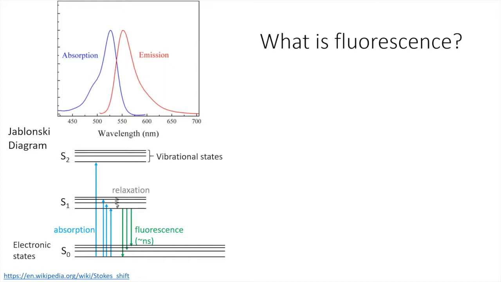Since there's multiple transitions from different states, you will combine them together, and then you will have this absorption and emission peak. At the same time, some portion of the electrons in the excited states will go to triplet states, which is another electronic state.